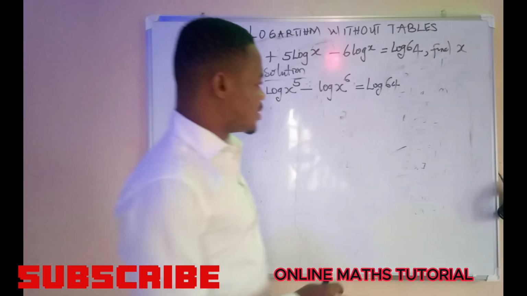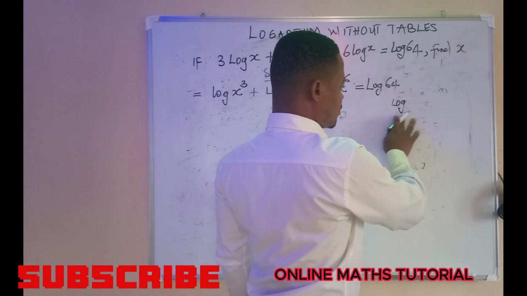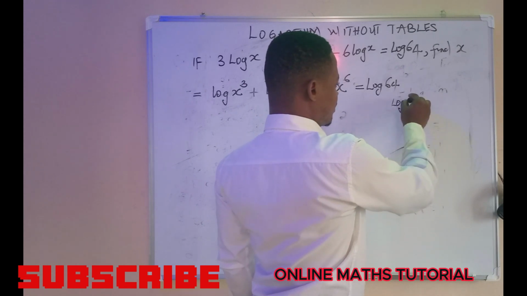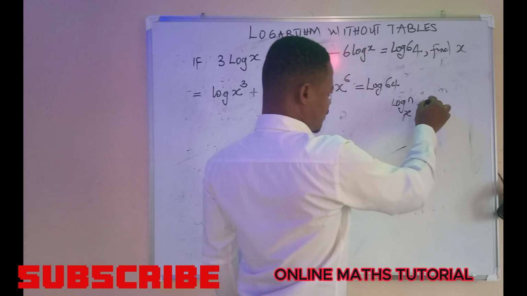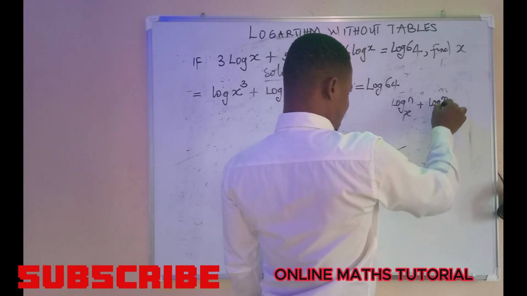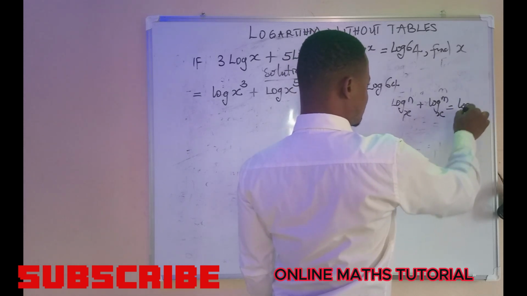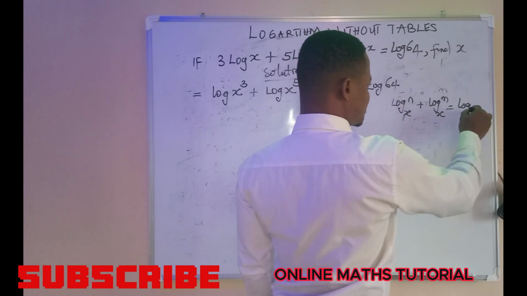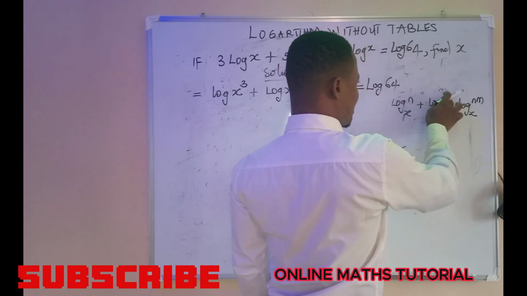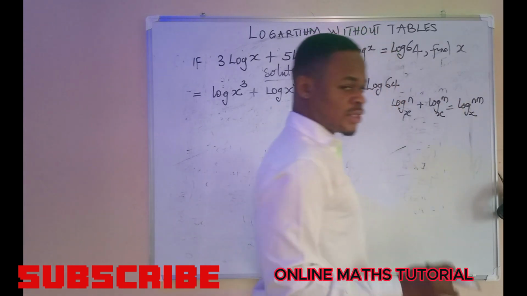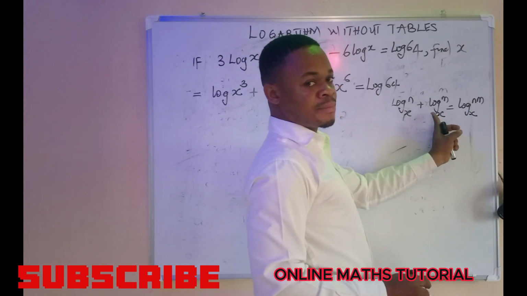What is this law saying? It says that if we have log n base x plus log m base x, your answer is going to be log, since they are of the same base x, of n times m. Now we multiply the numbers if they are of the same base.